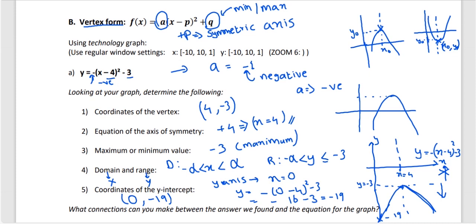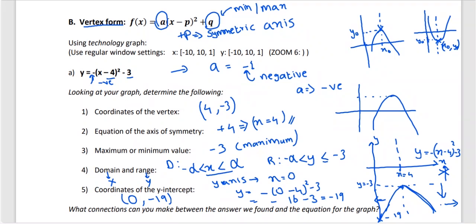The domain is related to the x-axis, so x has no restriction and can extend anywhere to the right and to the left. y has some restrictions: its maximum point is negative 3, but the minimum has no restriction, so we write negative infinity.